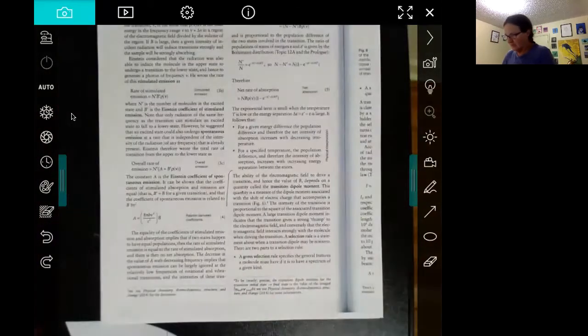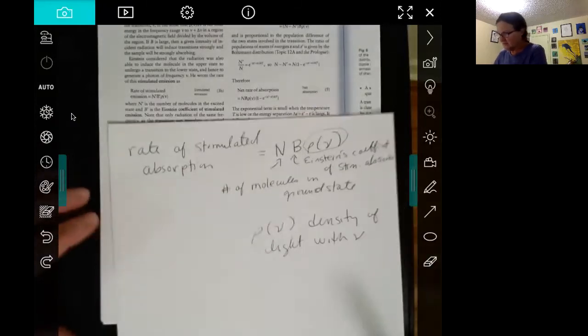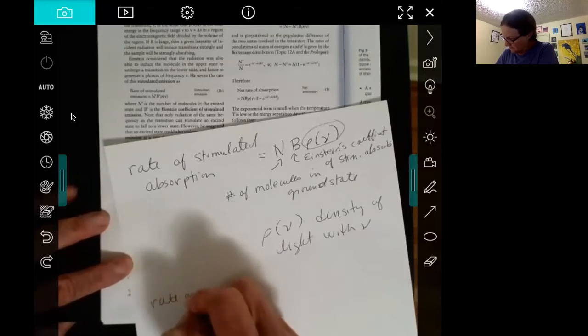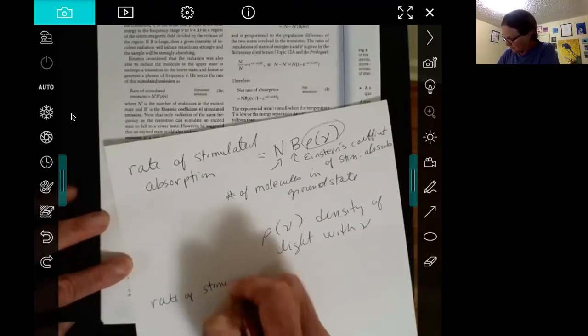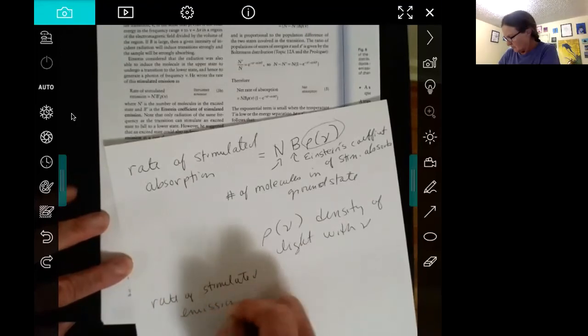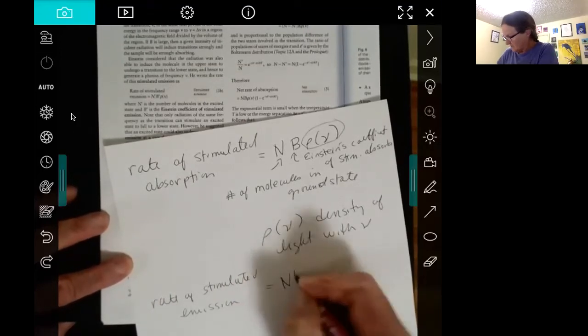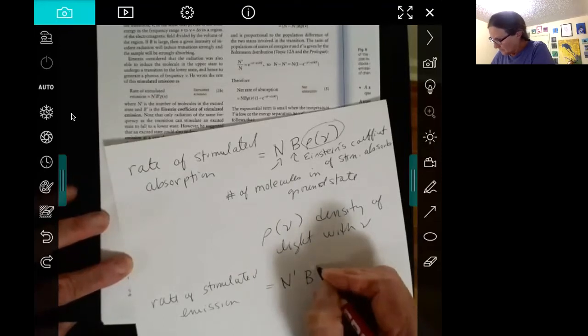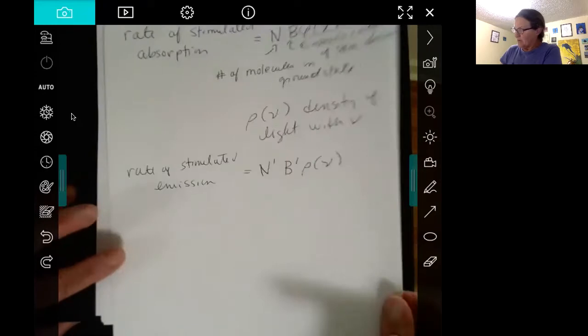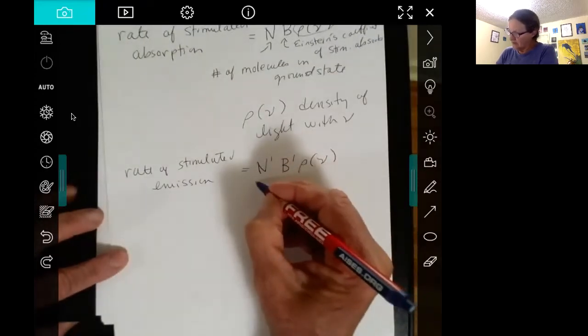But it's also true that light can stimulate the emission. So you have almost exactly the same equation that says the rate of stimulated emission is equal to something that looks the same, but now it's the number of your molecules in the excited state.